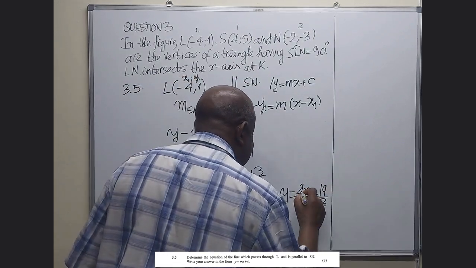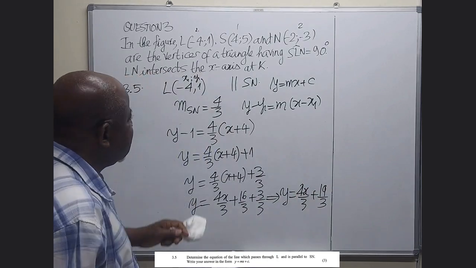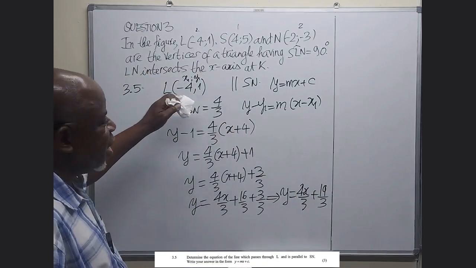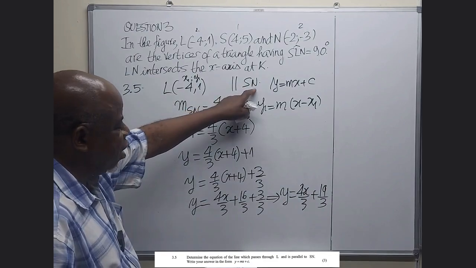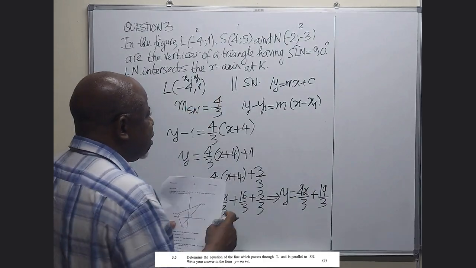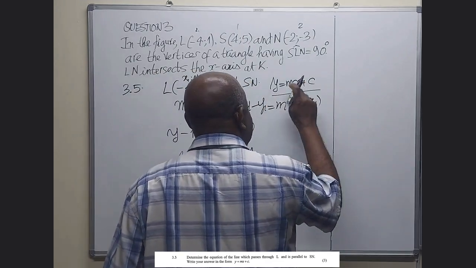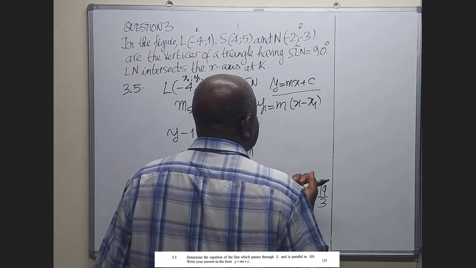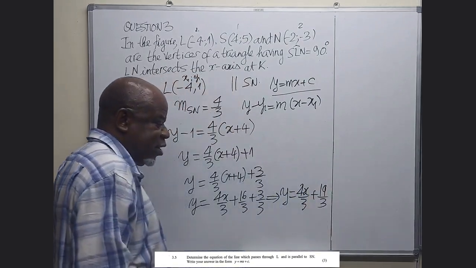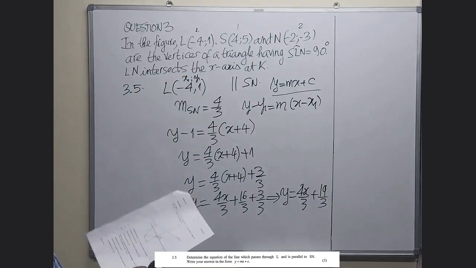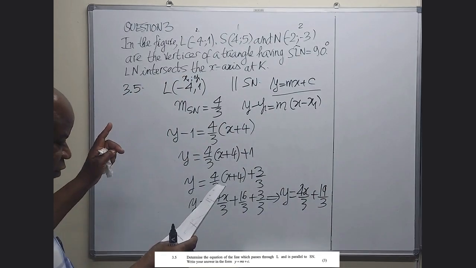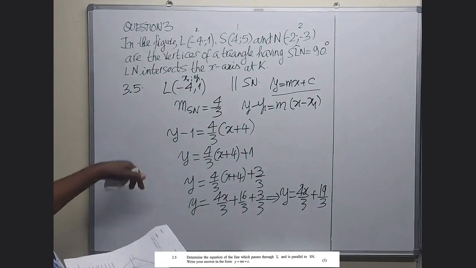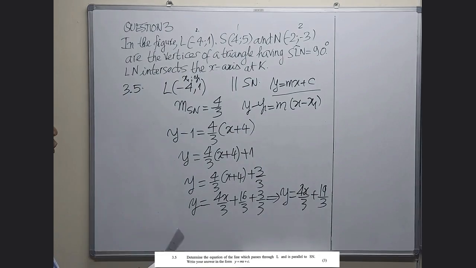So this is the equation of the line passing through L and parallel to the line SN. We have written it in the form y is equal to mx plus c. Our m here is 4 over 3 and our c is 19 over 3. This is the answer for question 3.5. We're going to clean the board and go to the next question.